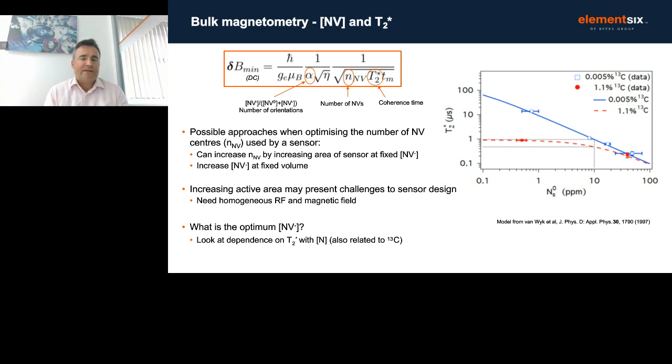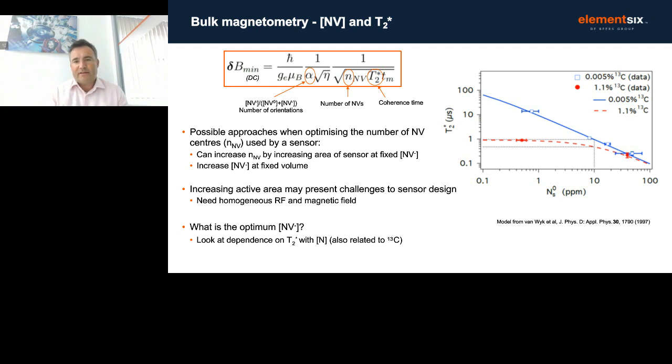As the number of nitrogen atoms increase, which have spin, all of a sudden your quantum spin, the spin you care about, starts to not only be influenced by the external field that you are trying to sense, but actually the background spins in the material. So that now begins to dominate the T2 star. So really you're trying to determine what's the optimum, the product of the number of spins multiplied by T2 star.